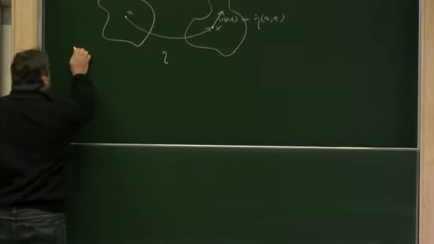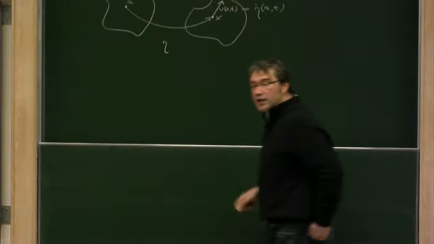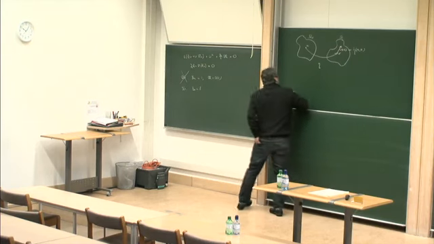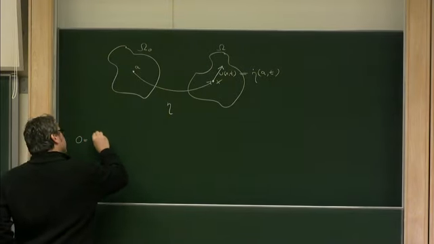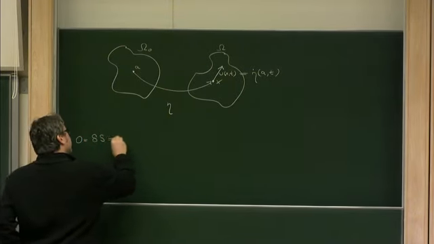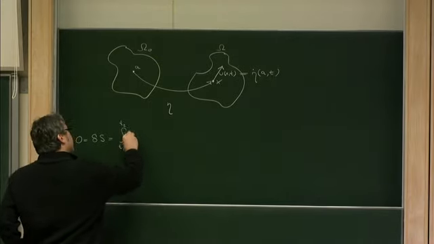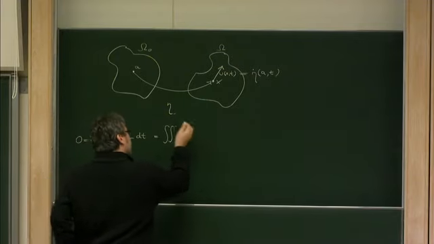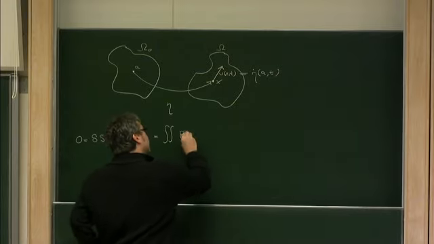It turns out that the shallow water equations, as written here, can be derived as the Euler-Lagrange equations of a variational principle by setting to 0 the variation of the action, which is the time integral of the Lagrangian. The Lagrangian in this case is given by a function r.